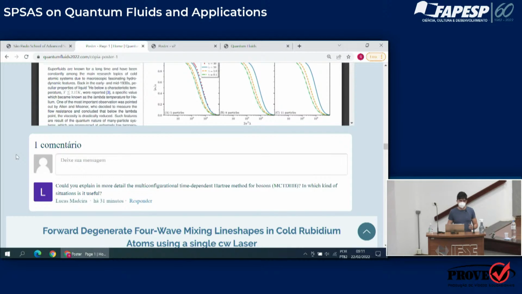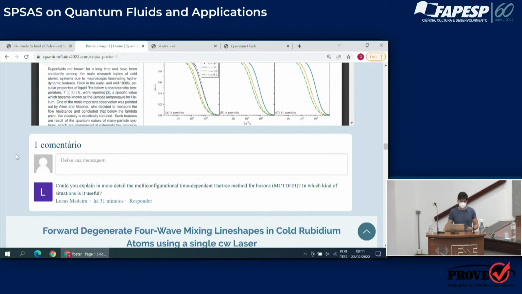And the MSTDHB, which is the acronym to the multi-configurational method, tries to provide a more accurate description of the many particle state. And it does it by expanding the many particle state in the Fock basis, but truncating the individual particle state basis. So we have a finite set of individual particle states where we can expand the many particle state.